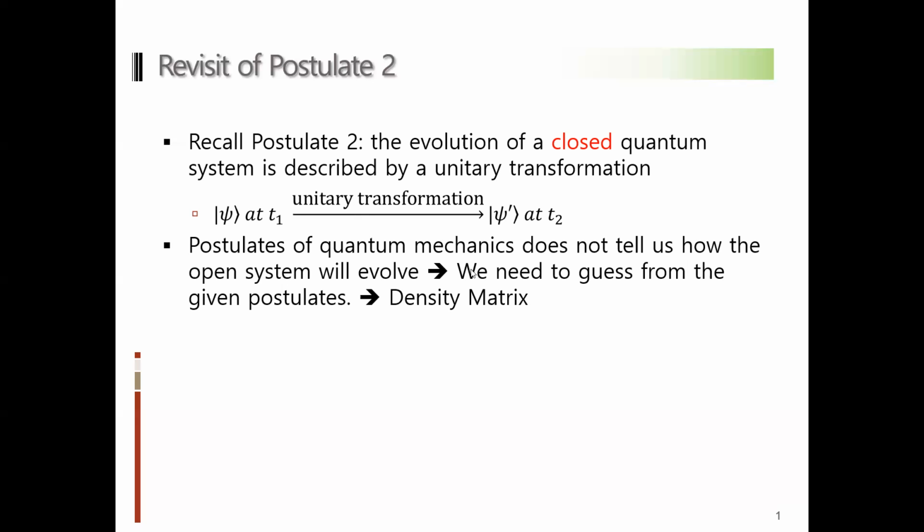However, if we are clever enough, then even if you have some particle which is entangled with an environment that cannot be controlled or measured by yourself, you still have a way to define or imagine your own system, and that is the density matrix formalism.